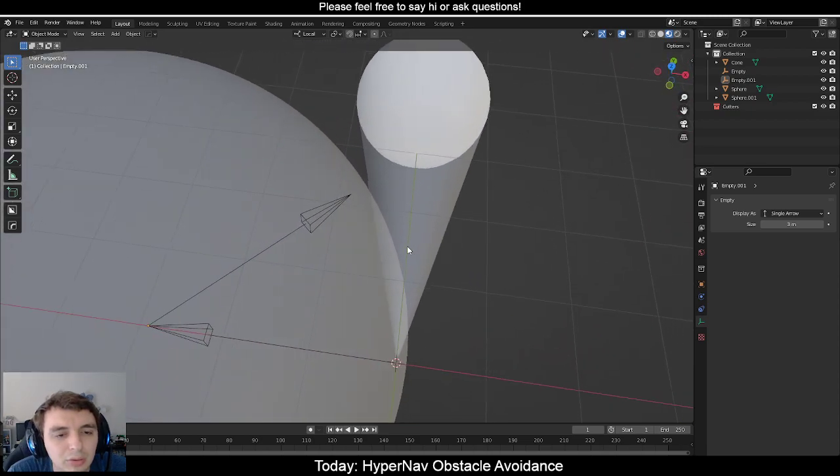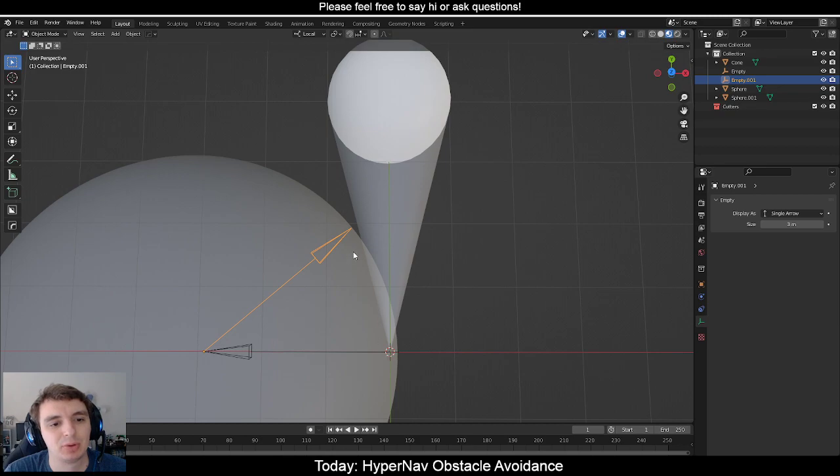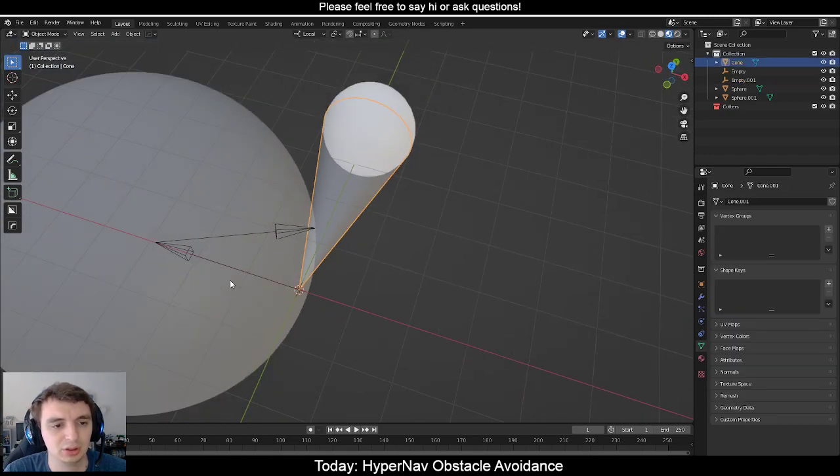Wait, then is this counting not right? Oh, no, this vector to here has to hit the sphere. So yeah, we're gonna do that. Say that's our desired velocity.